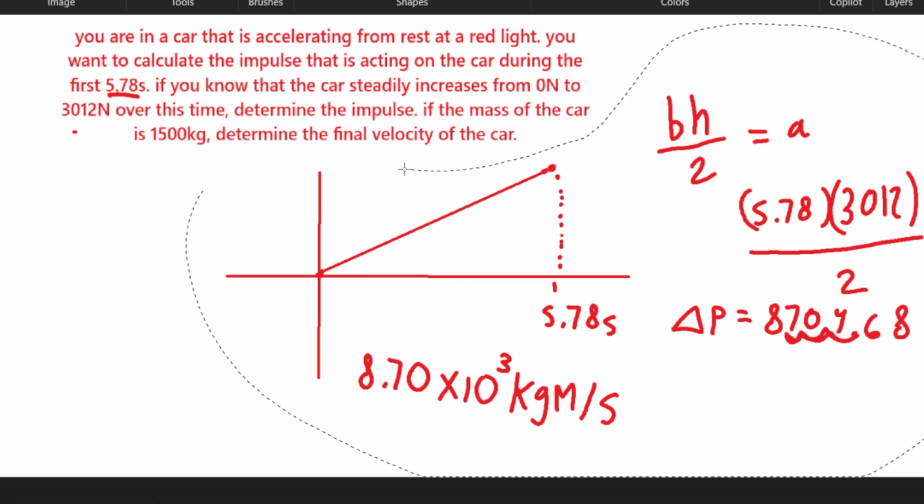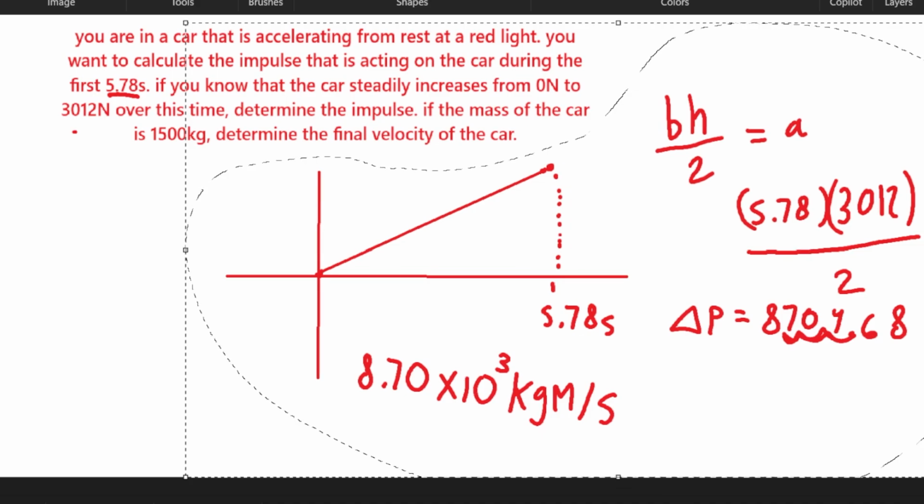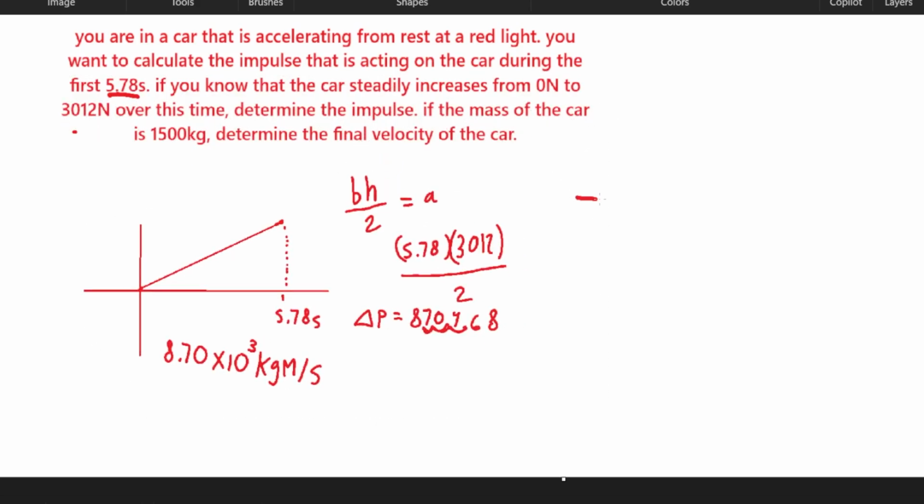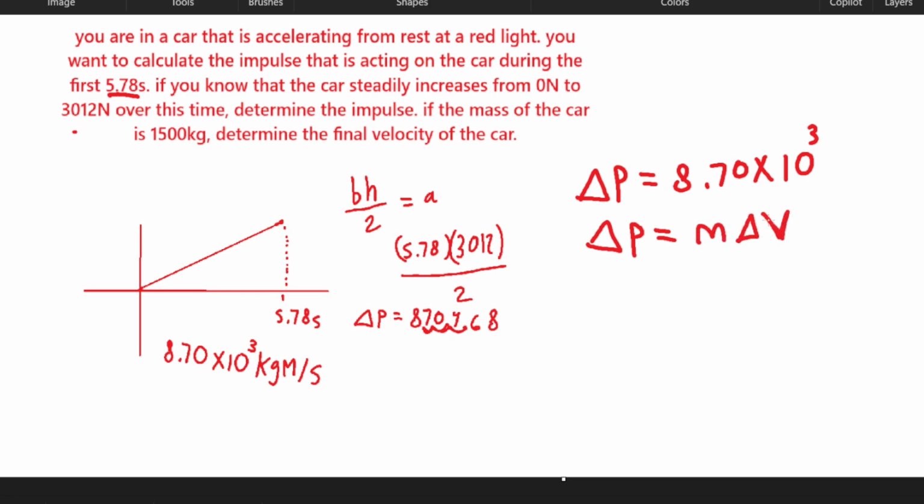We have the impulse, and we must determine the final velocity of the car. So we know that the impulse is equal to the number that we just got, and we also know that impulse is equal to mass times change in velocity.